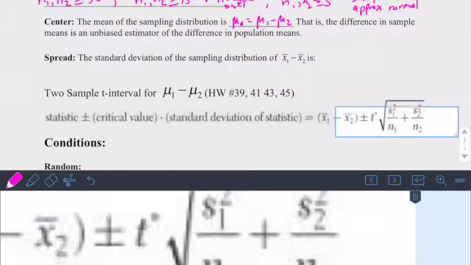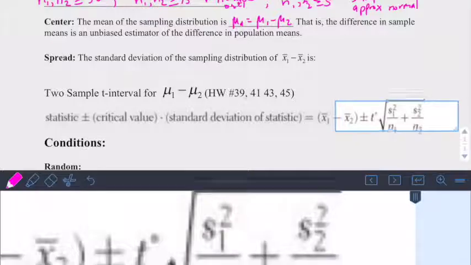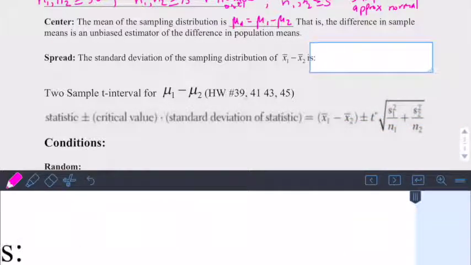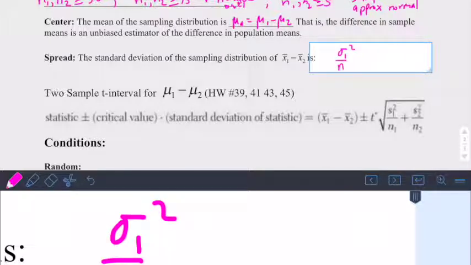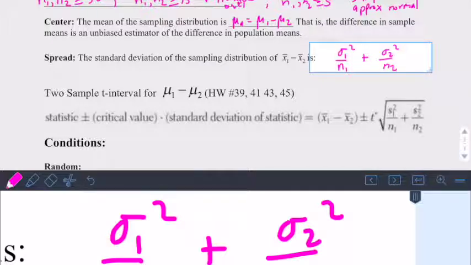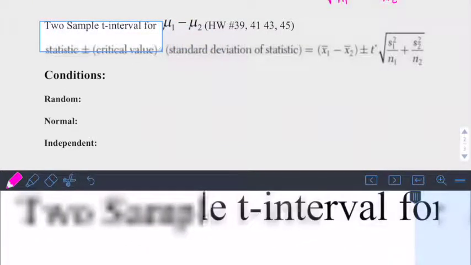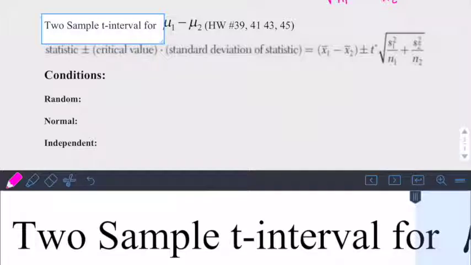Right here. Square root of s1 squared over n1 plus s2 squared over n2. Or if we know the population, then it would be sigma 1 squared over n1 plus sigma 2 squared over n2, square rooted.